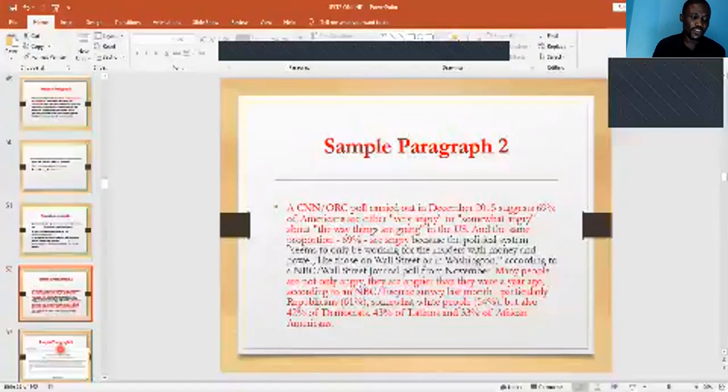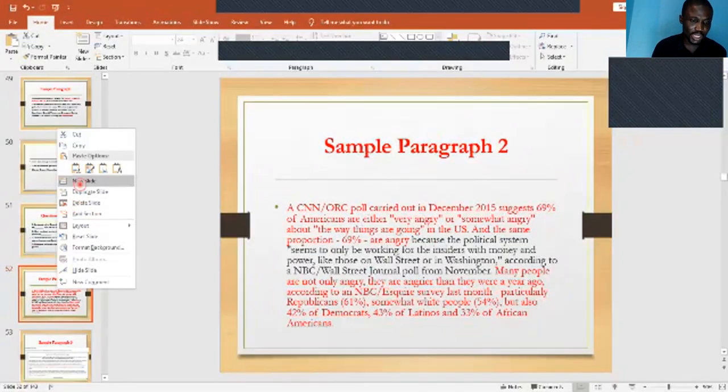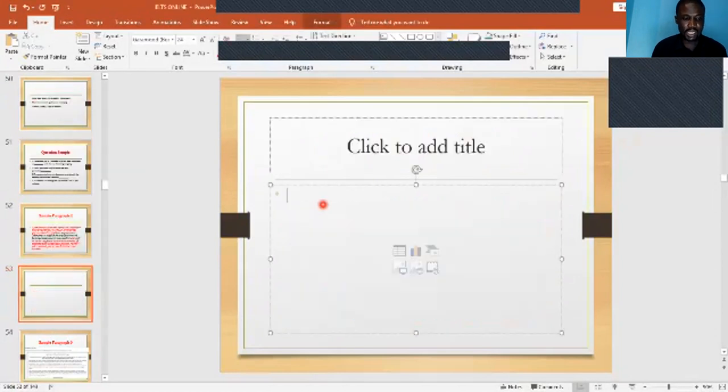Okay, so if I have to summarize this paragraph now, let me summarize it so that you can easily get it. The reason for summary is that if you read a particular paragraph, you go to the question and you summarize, the summary will quickly lead you to the paragraph so that you won't be reading the paragraph over and over again.